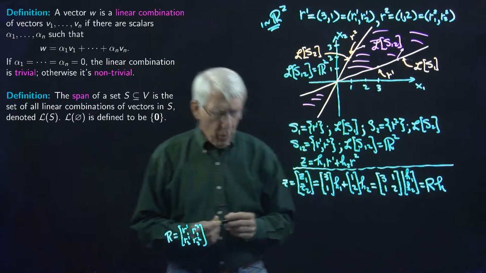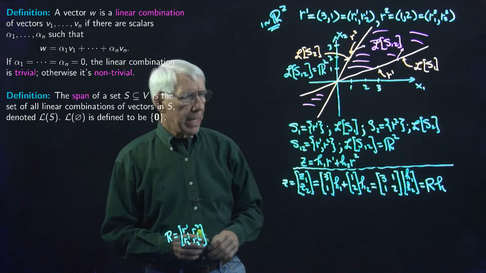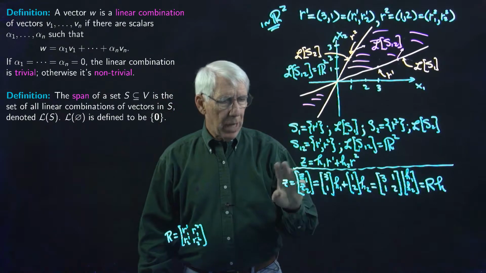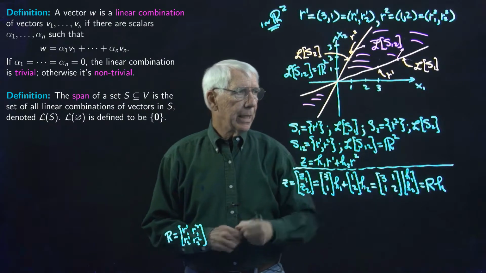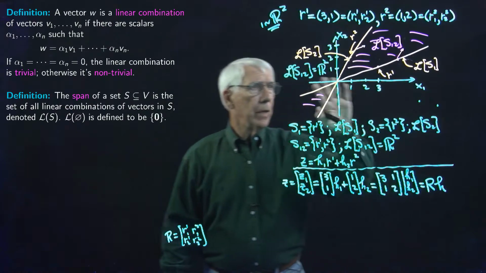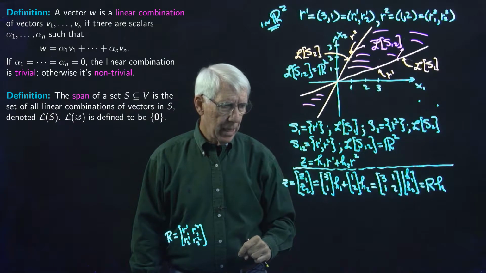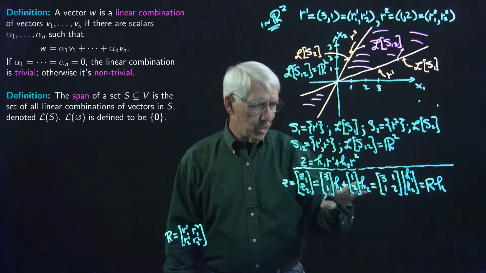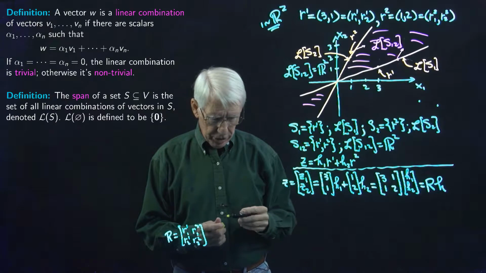What I want to establish or find out is whether it's possible to get any vector z in R2, any z1, z2, by taking this linear combination of these two particular vectors here.